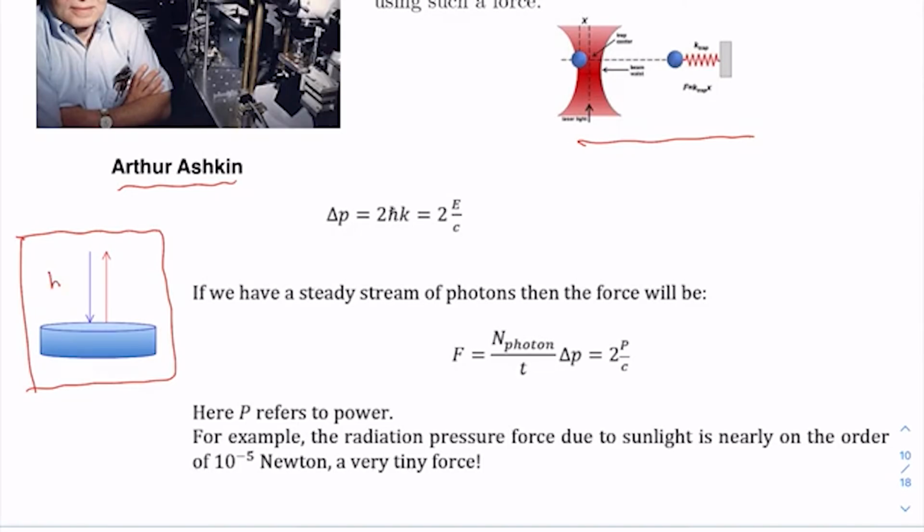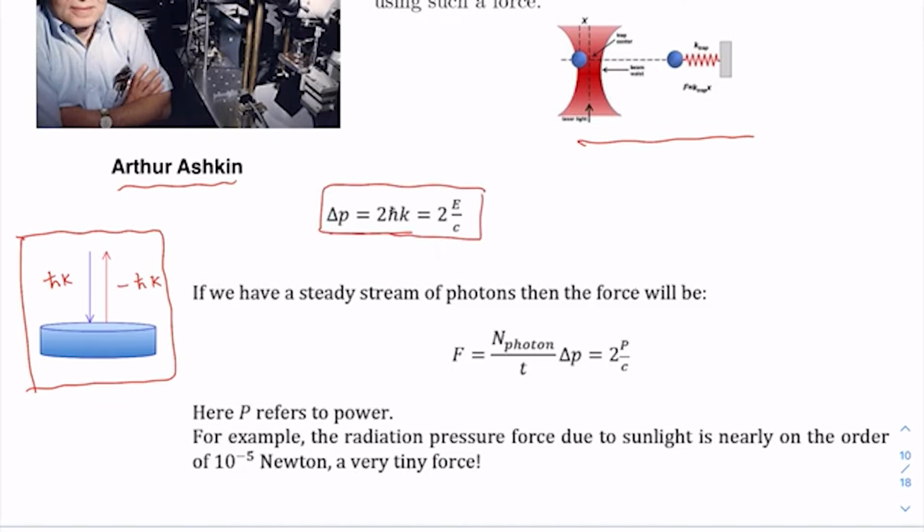Say the photon has momentum ħk, it is getting incident on this perfectly reflecting mirror, and as it is perfectly reflecting, the reflected photon has momentum minus ħk. So the total change in momentum would be 2ħk, and thus it is going to experience an overall momentum change given by this particular equation.